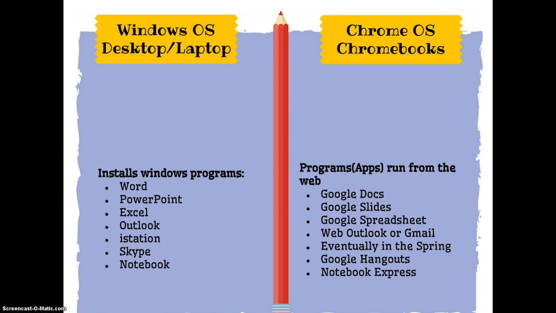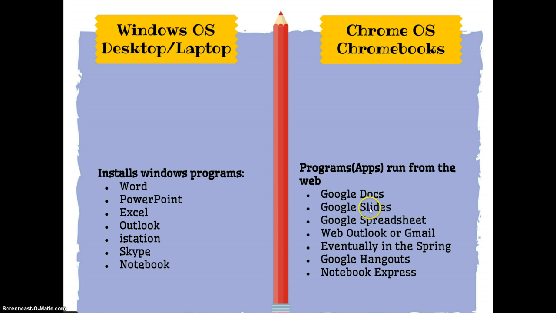Also, another big difference between the laptop desktop versus the Chromebook is that on the Windows OS, you actually install programs like all the Microsoft apps: Word, PowerPoint, Excel, Outlook, iStation Client, Skype, and Notebook are just some other examples that we have used in the district. But on a Chromebook, the equivalent to Word would be Google Docs.